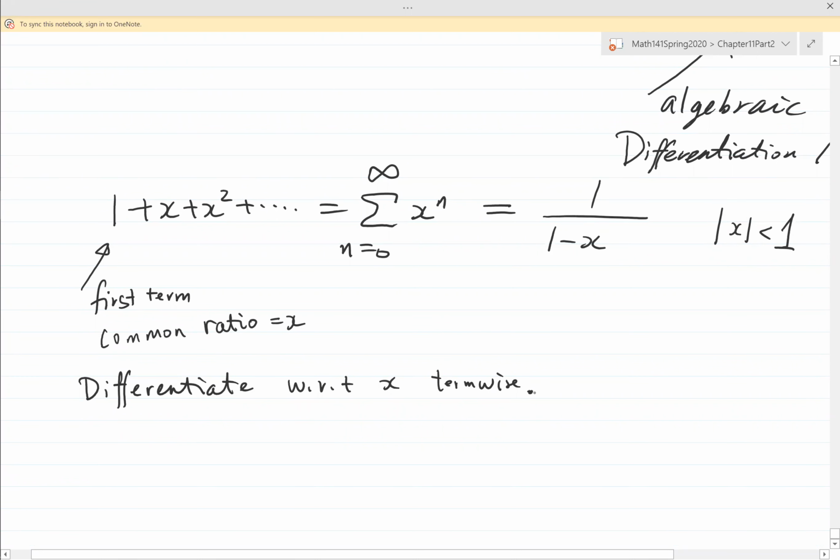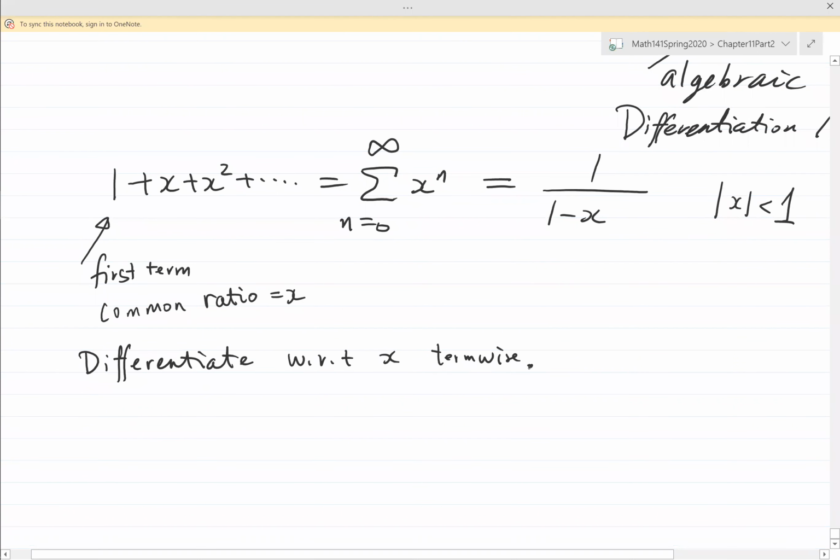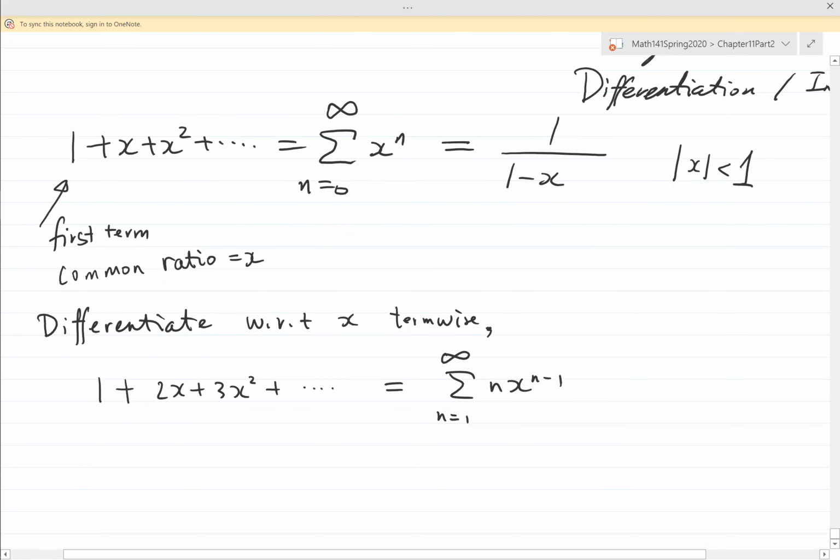So without any problem, on the left side we get 0, then 1, plus 2x, plus 3x squared, etc. This is the sum of n x to the power n minus 1, n from 1 to infinity. The term n equals 0 is just gone.